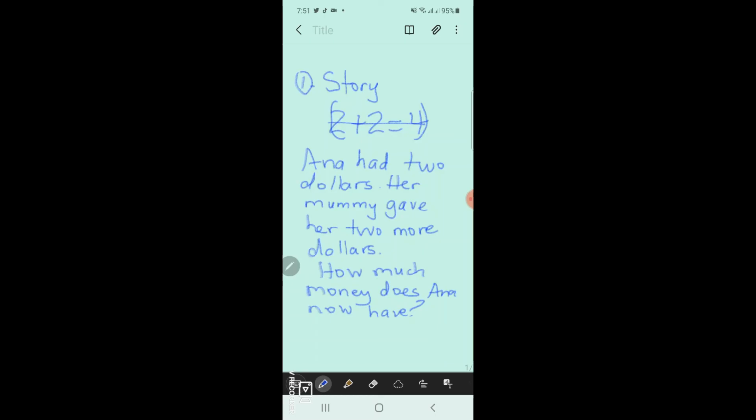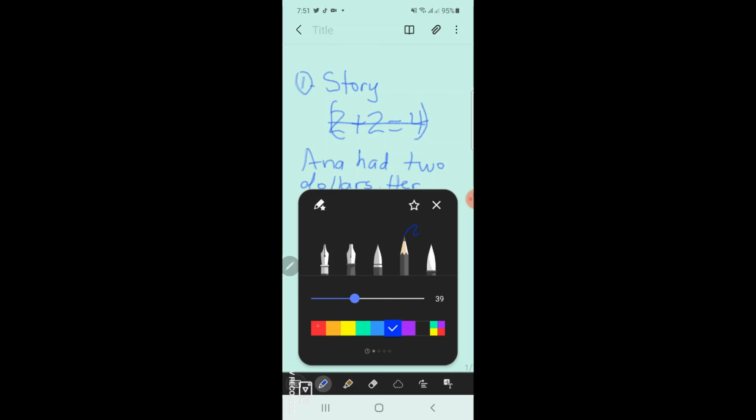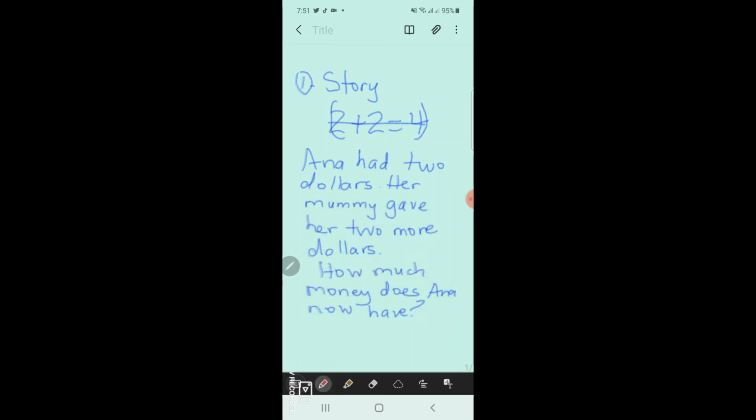So after this stage of thinking of addition, then we go on to the symbolic. The symbolic, as I said, would be the last phase, right? We will have to teach that instead of using the word and, we're going to use this symbol.